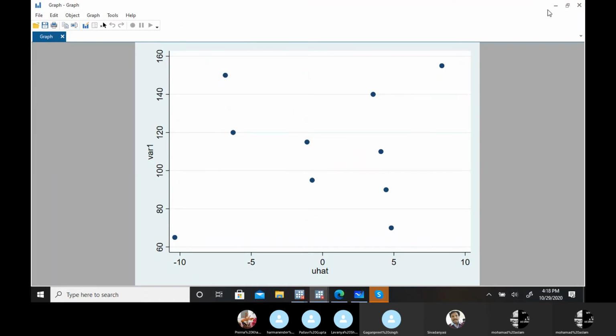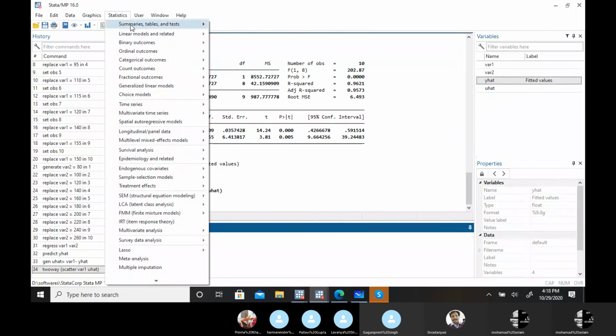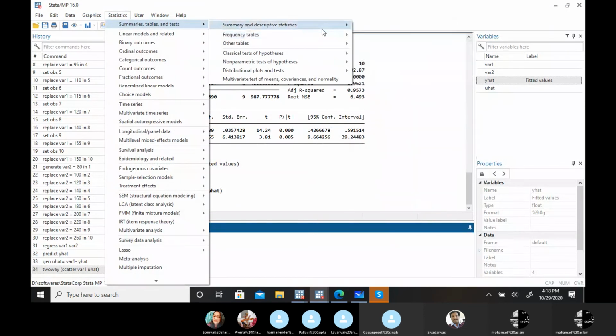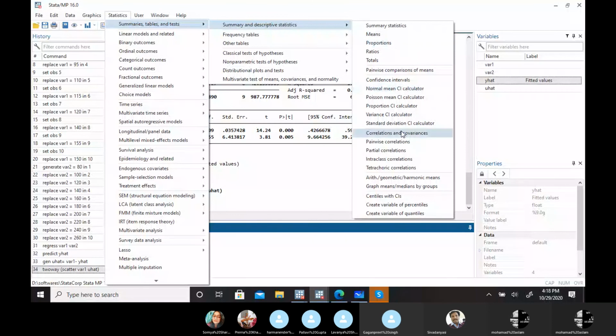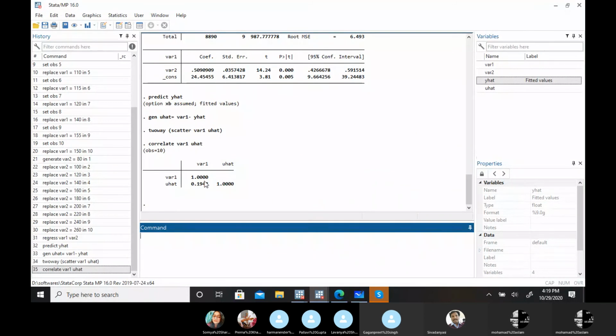There is no type of association, although this is a very small sample size. Or you can just calculate the correlation coefficient: statistics, correlations, variable one and u hat. It's nearby 0, right? And if you go for hypothesis testing, it is definitely going to be insignificant.